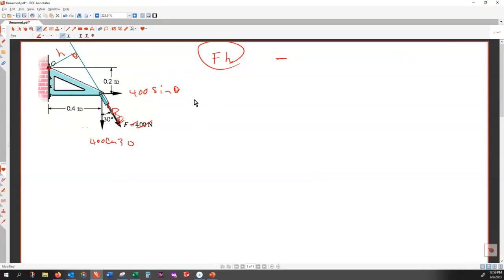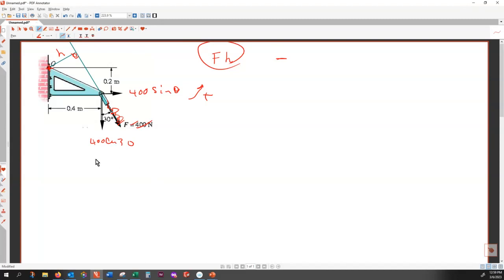This one tends to rotate my system counterclockwise, which is positive. Imagine this is a poster being fixed to the wall at this point by a pin. With respect to here, does 400 cos 30 make a positive or negative rotation, Nguyen? Clockwise or counterclockwise?